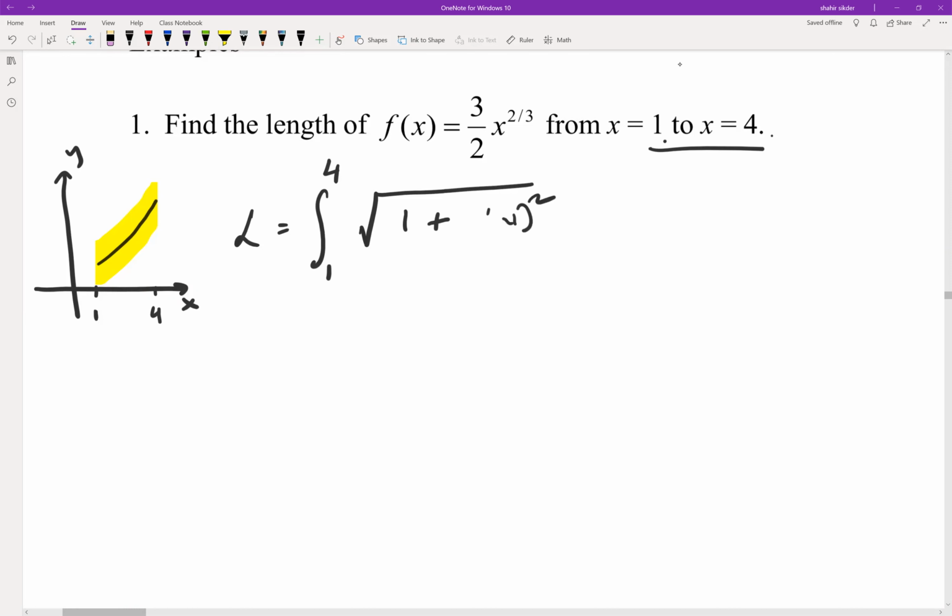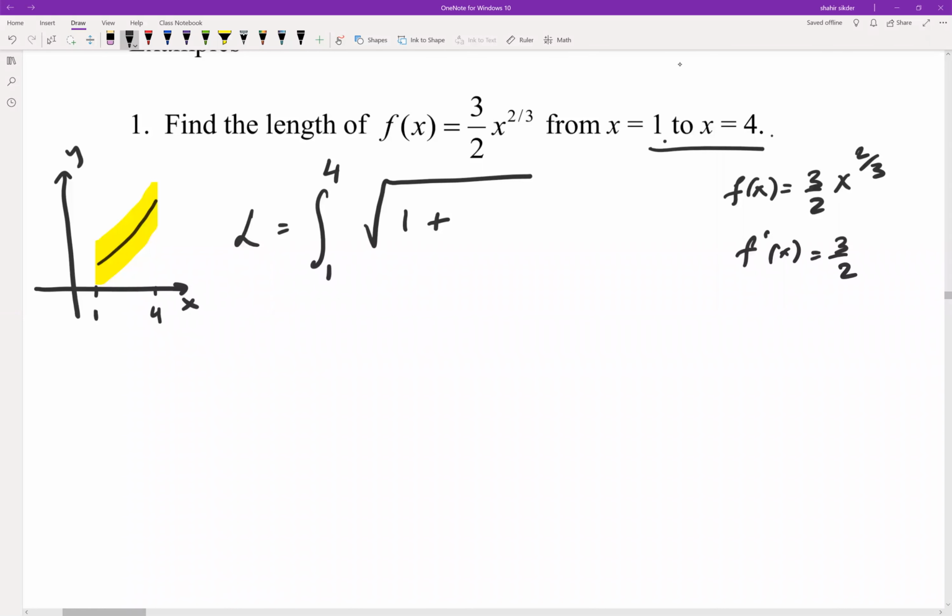Well, what is f prime of x? We need to know what is f prime of x. If my f of x is 3/2 x to the 2/3, my f prime of x would be 3/2, this 2/3 is going to sneak out in front, so 2/3 x to the 2/3 minus 1. That would give you negative 1/3.